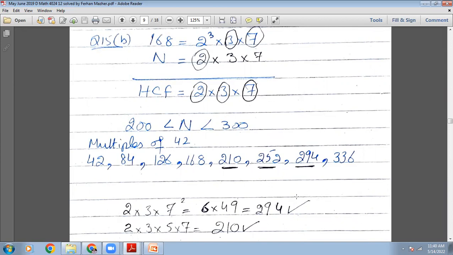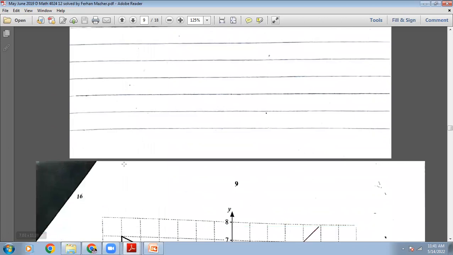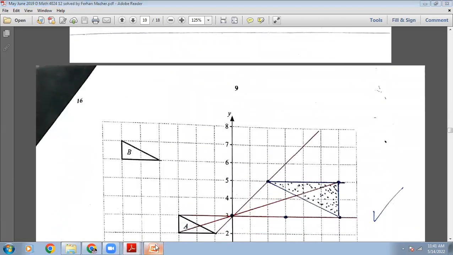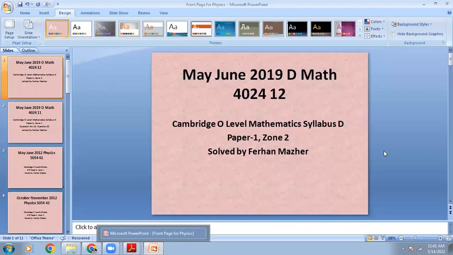So 210 and 294 is the right answer. It's a very, very tricky question. The number from 200 to 300, we have to choose which is also a multiple of 42 and also a multiple of 168. So hopefully you have understood. That was question number 15, and the next question will be question number 16.